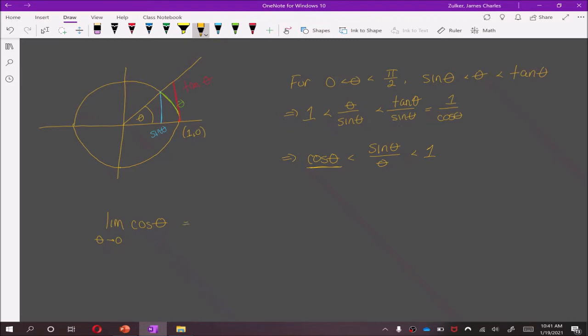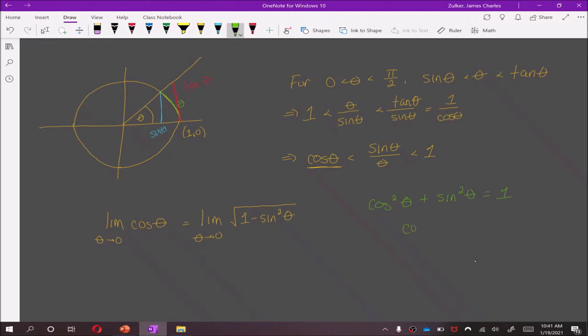Well, cosine of theta we can write as the limit as theta approaches 0 of the square root of 1 minus sine squared theta. Right here, what we're doing is we're using the Pythagorean identity: cosine squared theta plus sine squared theta is equal to 1.